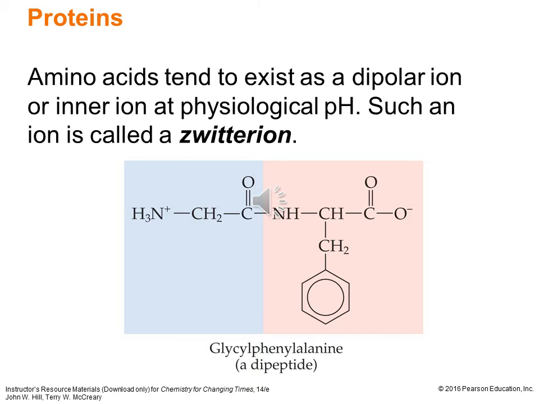So instead of having the COOH and the NH2, that COOH has lost the H plus to become the COO minus, and the NH2 has gained the H plus to become an NH3 plus terminus. So instead of a neutral molecule, we have a di-ion, a zwitterion, so to speak, at least for this glycyl phenylalanine dipeptide.